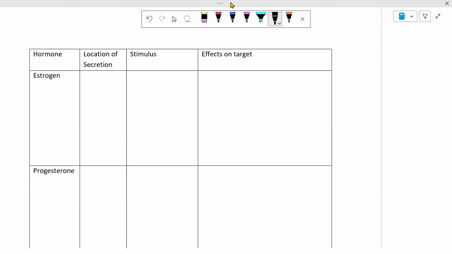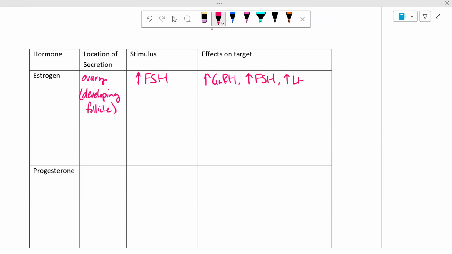Let's move on. We have the estrogen here. Estrogen, the location of secretion is the ovary, from the developing follicle. And the trigger is increase in FSH. Effects: increase GnRH, increase more FSH and LH.